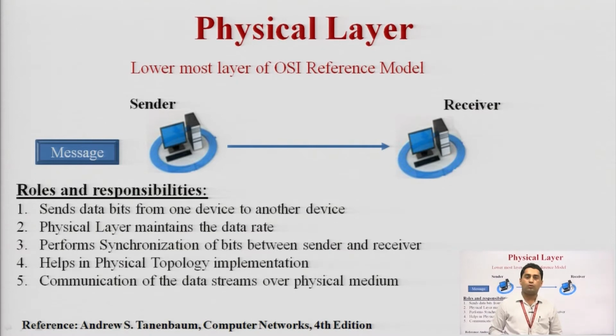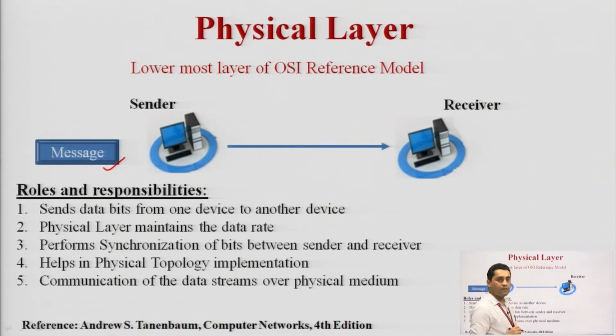If I talk about the university question, there is one prominent question: what is the role of the physical layer? What are the roles and responsibilities of the physical layer? As I said, the basic communication between the sender and receiver depends on the data transmitting from one end to another.